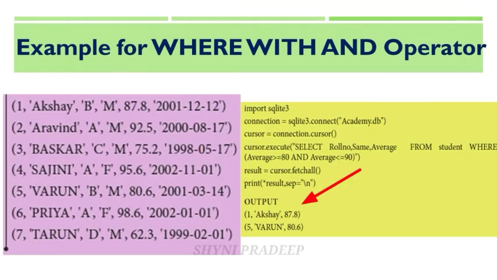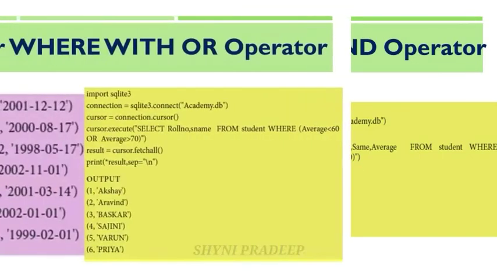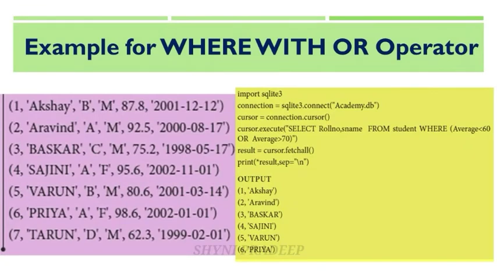This is the output. Next example for WHERE with the OR operator. In this example, we are going to display the name and roll number of the students who have not scored an average between 60 to 70%. Okay. See here, SELECT roll_number, name FROM student WHERE average < 60 OR average > 70.